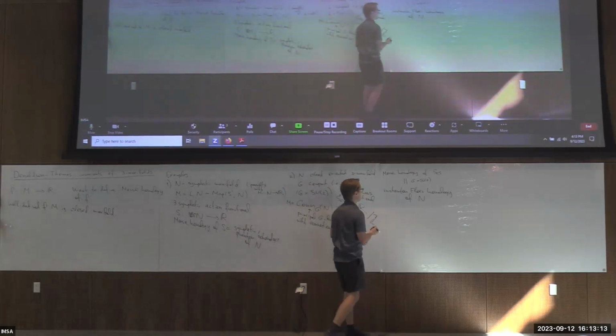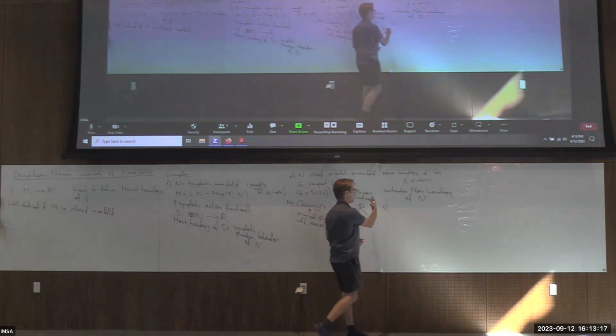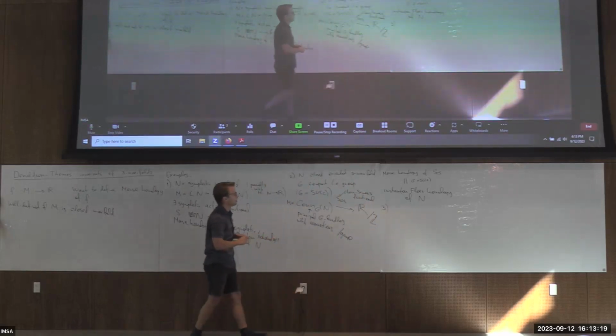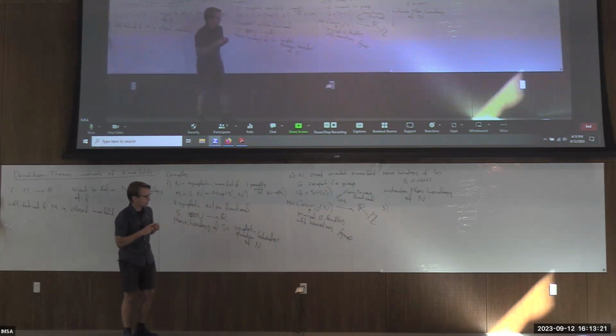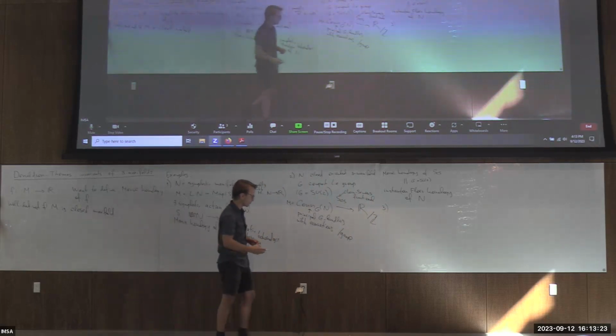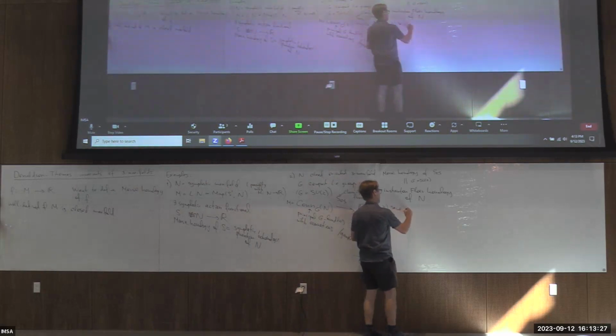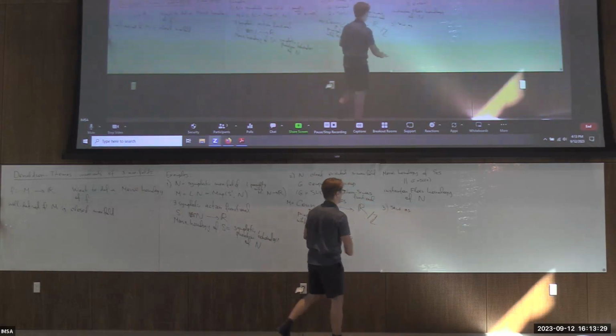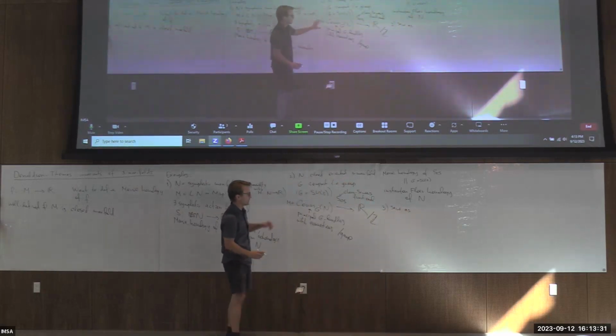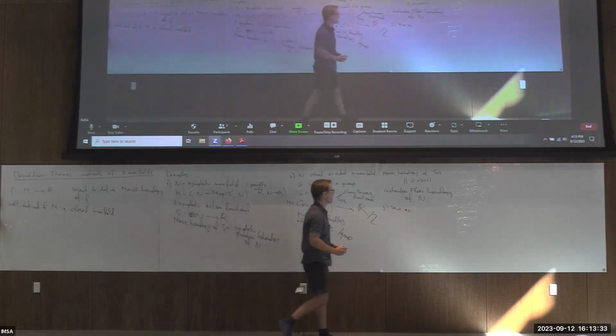Okay, so I want to consider the case, really it's going to be a slight variant of the second example, but for which analytical tools are not available. But there are some totally different tools that can be used to make sense of this Morse homology.